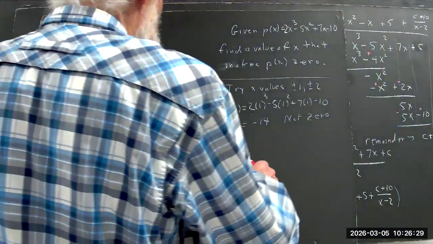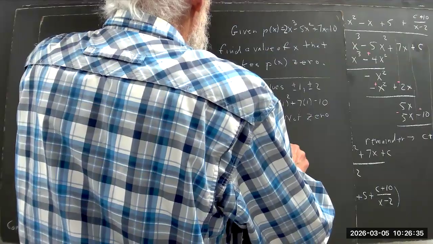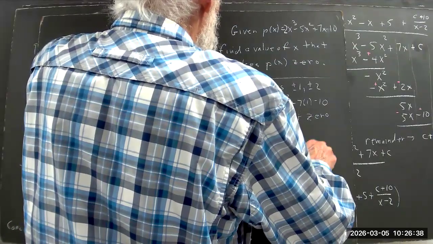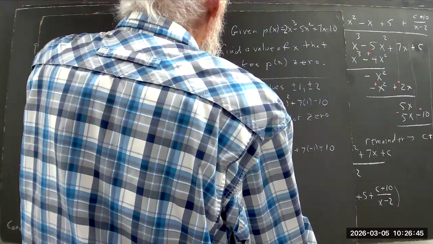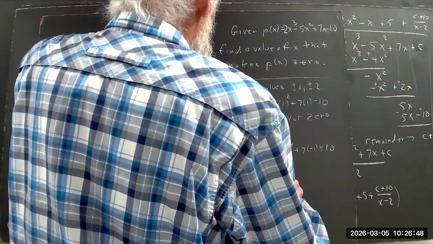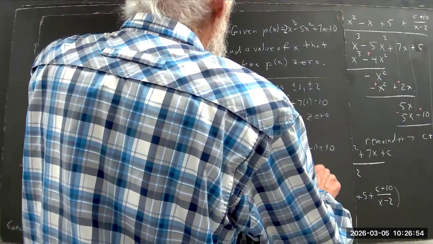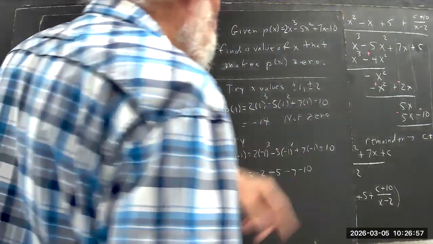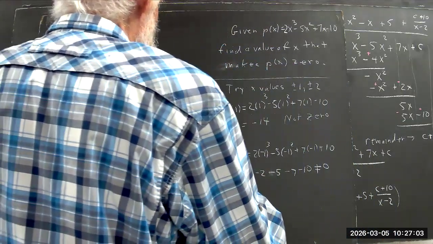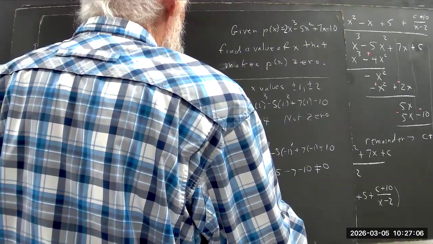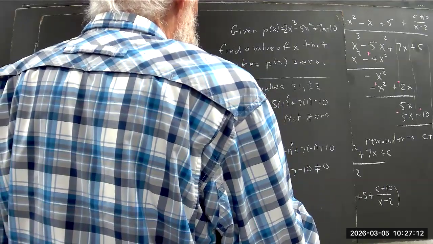Okay, well, p of negative 1, plug in negative 1, we're going to get negative 1 cubed minus 5 times negative 1 squared plus 7 times negative 1 minus 10, which equals negative 1 minus 5 minus 7 minus 10. Well, every one of these is negative, so we don't even have to add them up to know that that's not 0. So we tried x equals negative 1, it didn't work.